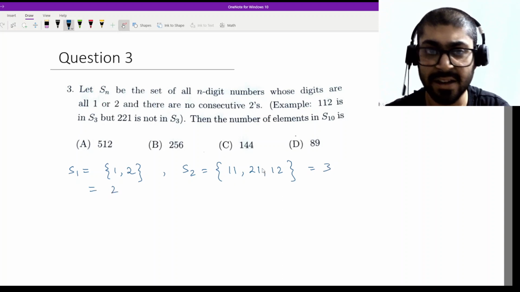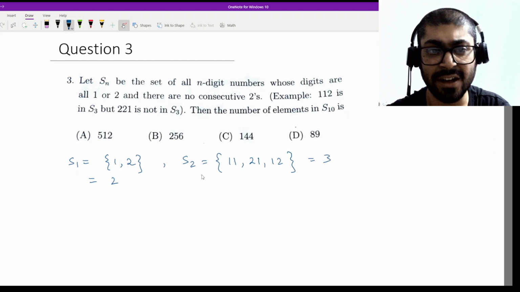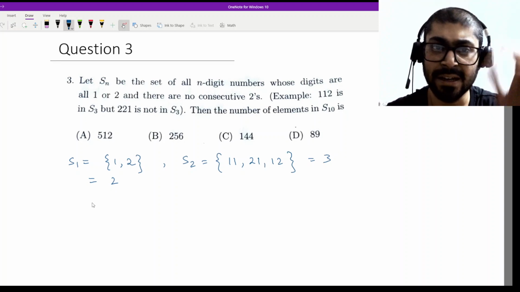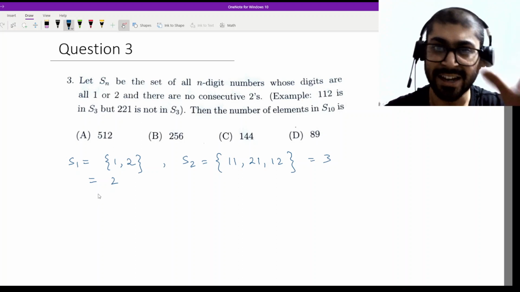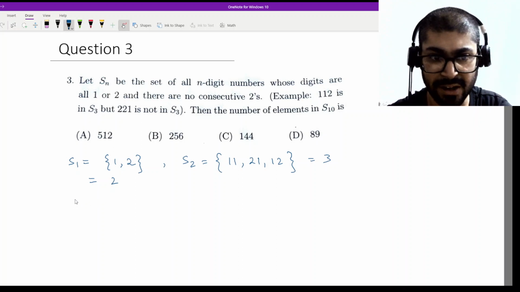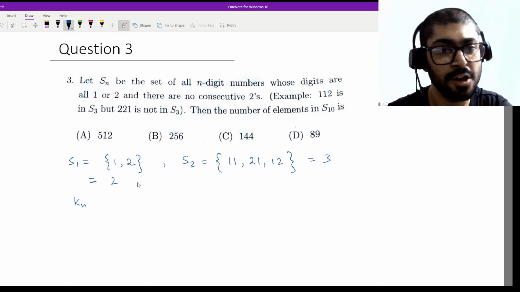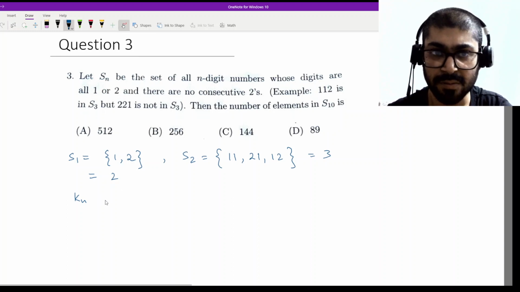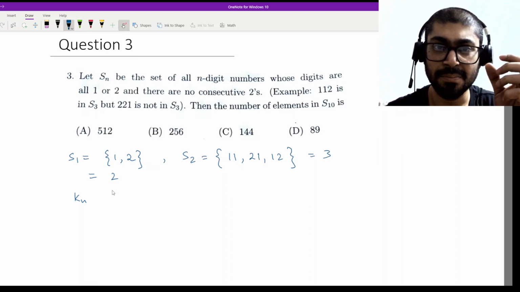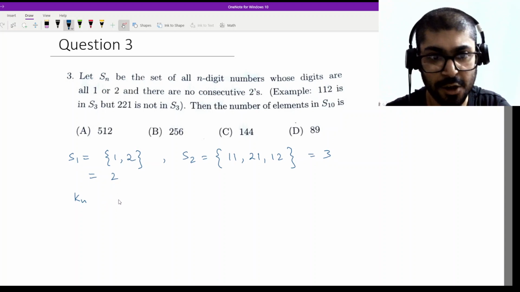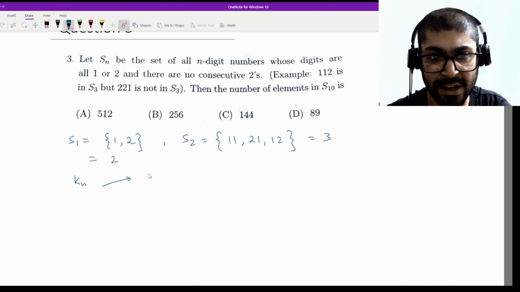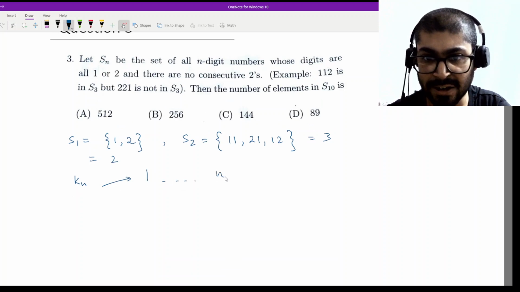2, 3. Now let us check any nth element of any Sn, and let us denote that by Kn. How would Kn look? Kn only consists of ones or twos.